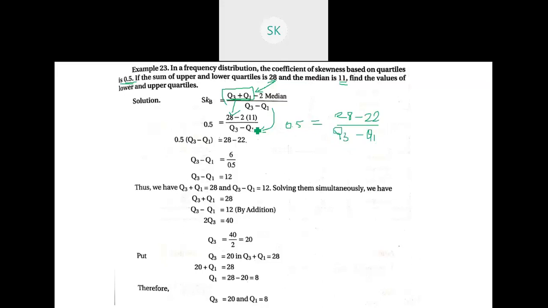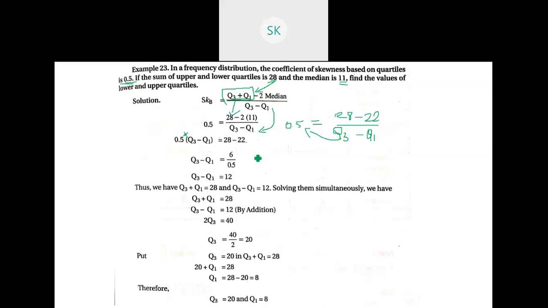I'm just multiplying 2 into 11. Now the next step is I will take this Q3 minus Q1 to the other side. Then 0.5 into Q3 minus Q1, I'll give a bracket so they know there is a multiplication here. And this 28 minus 22 will remain.